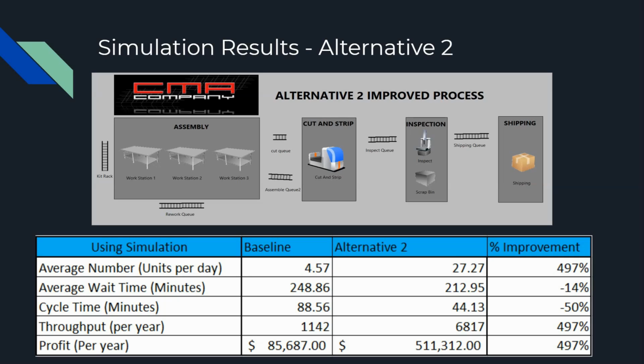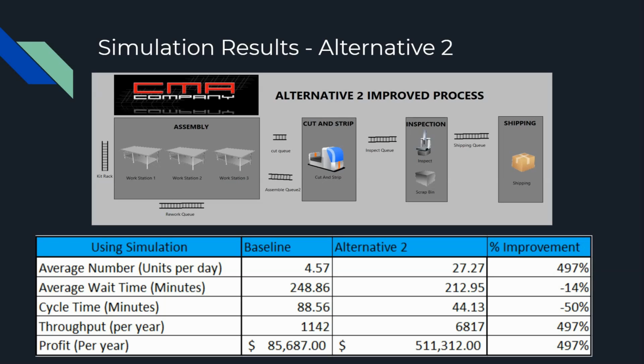When evaluating the simulation model for alternative 2, where this alternative uses the improved workstations and processes tested, in this model we increase to 3 workstations and 3 workers. Since the cycle time is reduced by 50%, the daily throughput is increased from 4.57 loopbacks to 27.7 loopbacks per day, which is an increase of 497%.